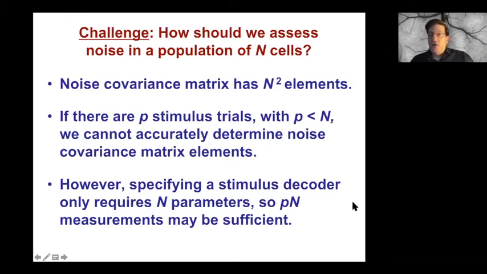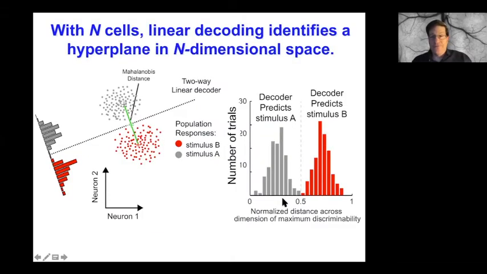Nevertheless, to decode which stimulus was presented to the animal based on the responses of n neurons requires only n parameters, at least to specify a linear decoder. So perhaps from this perspective, pn measurements may be sufficient. And so I'd like to explore this point a little further with you.